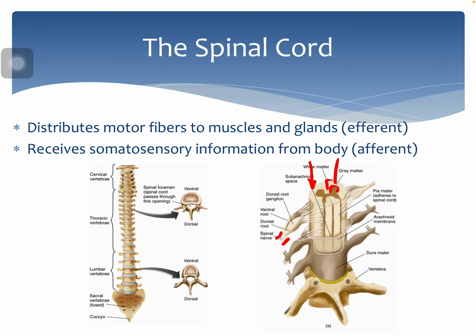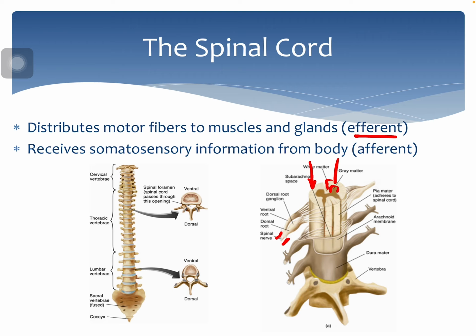But I'm just showing you the different parts here. The spinal cord's job is to distribute those motor fibers to the muscles and to the glands. And so we call this efferent. So it's away from the brain. It's moving those messages to the muscles and glands from the brain.